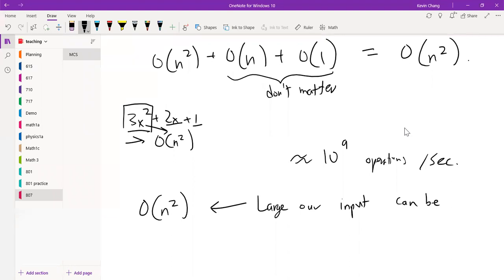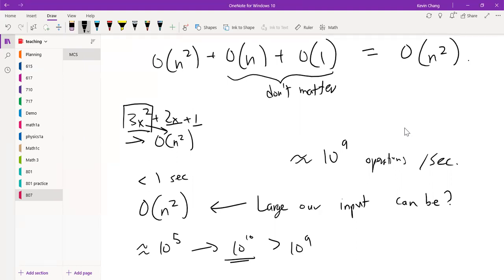Because if we want this to be less than 1 second, and then we have an input of magnitude 10 to the 5, well, if we just square 10 to the 5, that gives 10 to the 10. So given some coefficients in front, this is definitely way more than 10 to the 9 operations. So the program won't be able to calculate the answer for this input within a second, and it would fail.